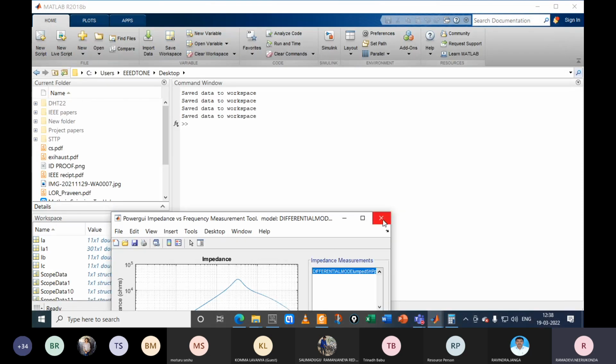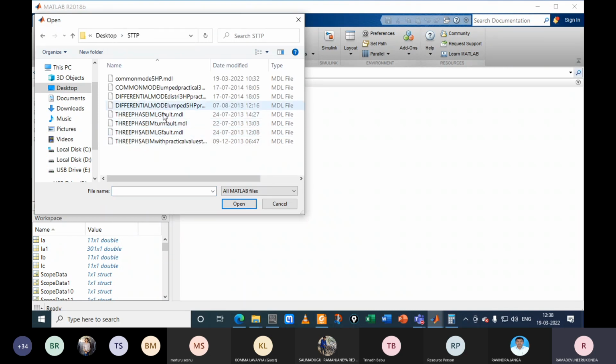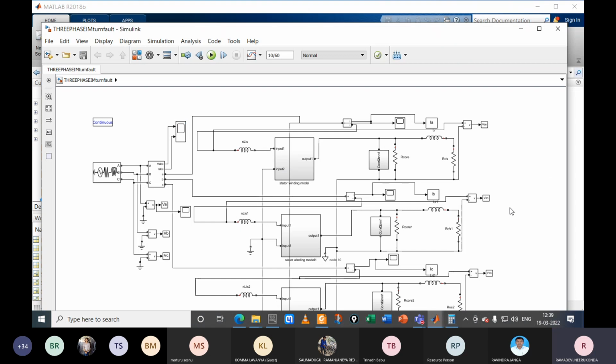Okay, next we created the faults. At the turn level we created the distributed parameter model.